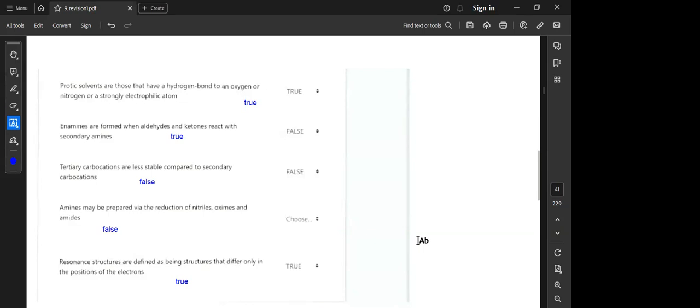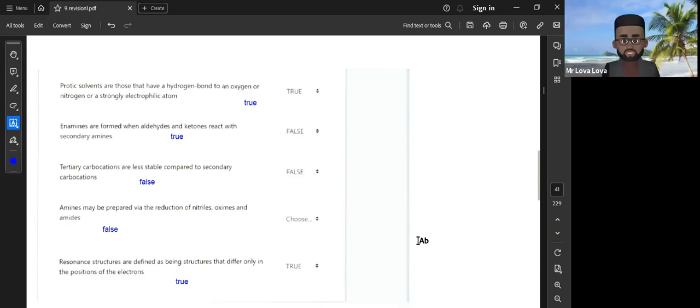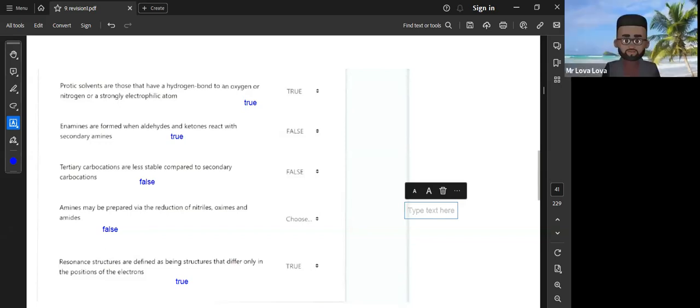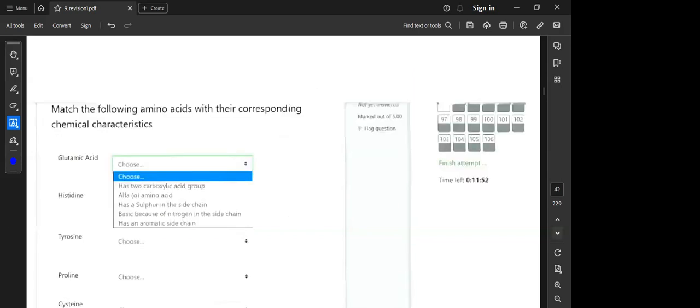Resonance structures are defined as structures that differ only in position of the electrons. Tuendelee ama tusiendelee? Tuendelee. Tomorrow, what time should we be there for rehearsals?